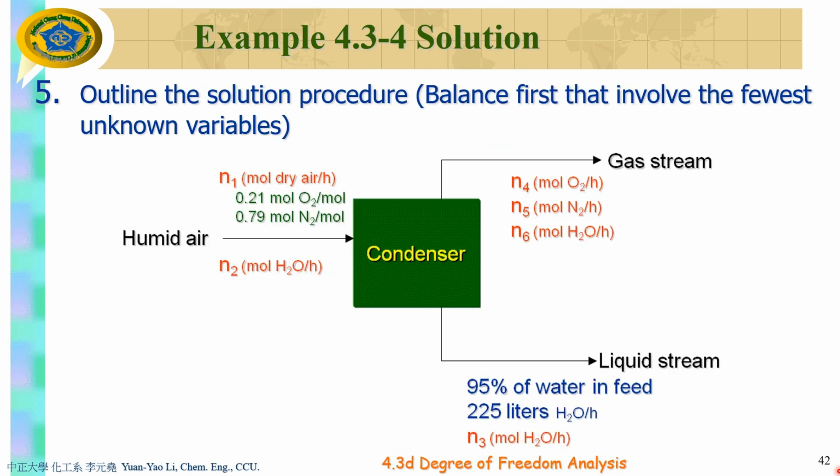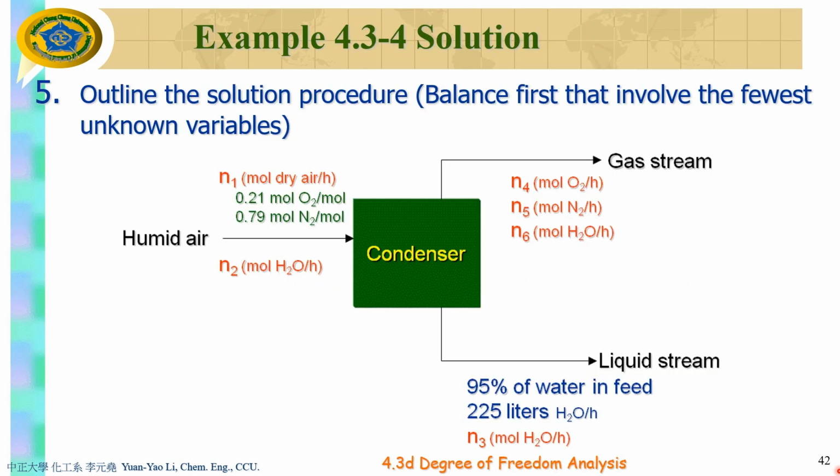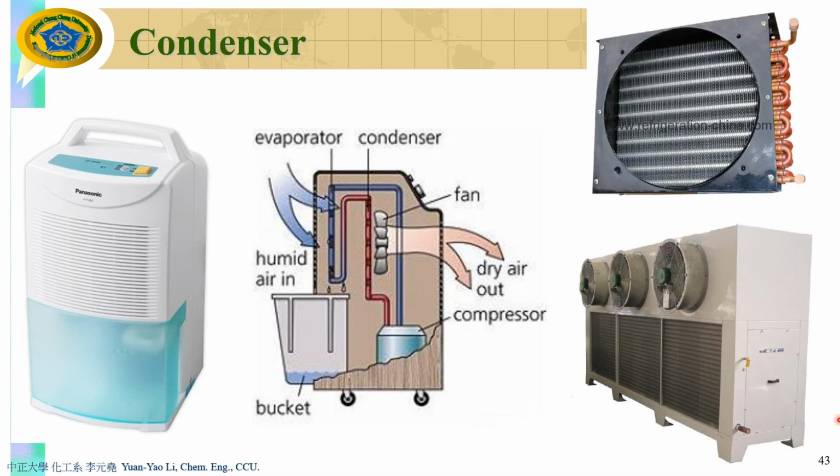Right, so this is the things you need to know. So this, you know, the condenser, why water can be condensed. This is a heat exchange. You get water in and condense and they release some heat exchange. So you can have a dry air come out.